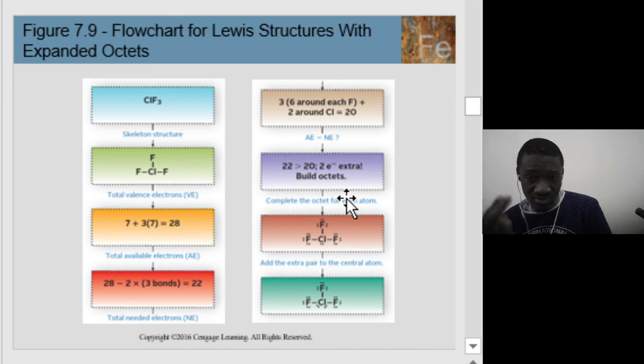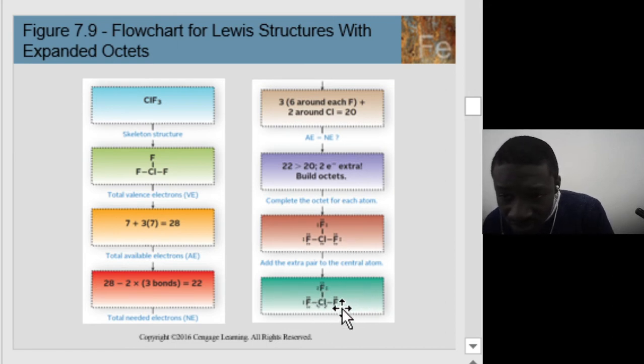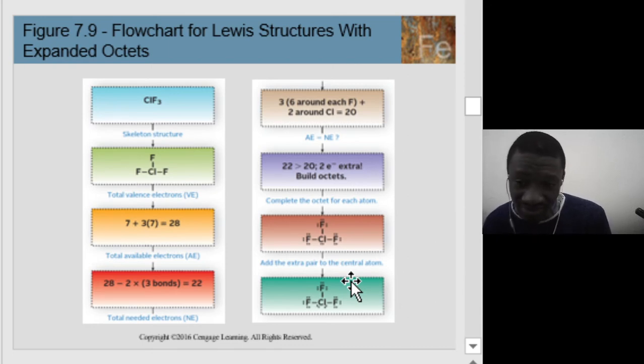We say available electron is equal to needed electrons. If it's not, well, how short is it? Is it by 2 electrons? If it's by 2 electrons, you just add a double bond. But in this case, what we do is we put a pair of electrons, not a double bond, because if you add a double bond, you have a whole lot of issues.